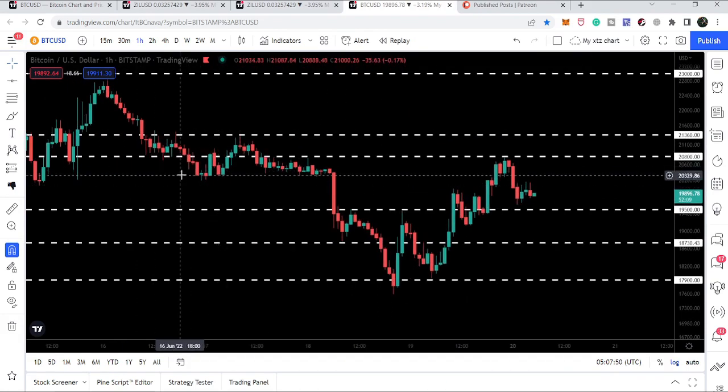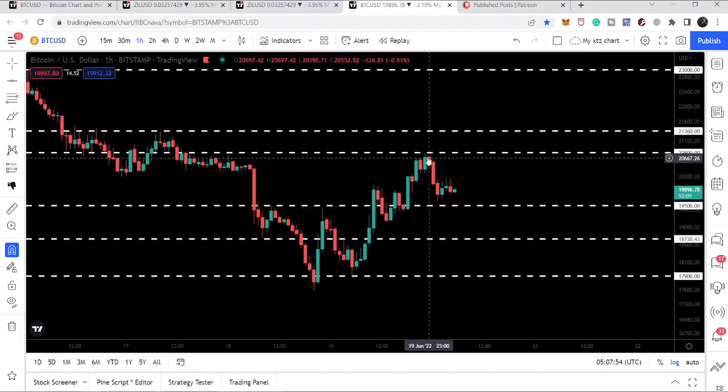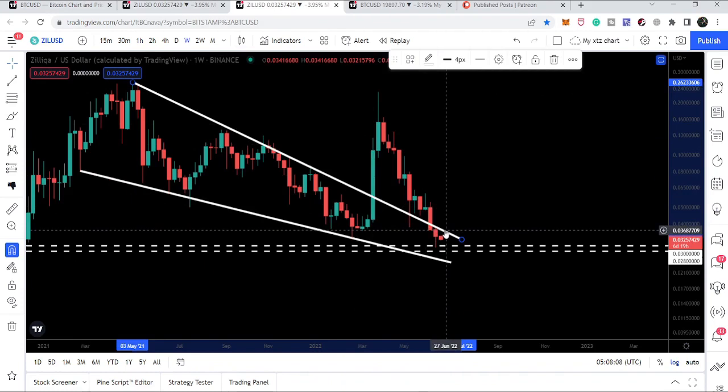It is getting rejected again and again by this resistance. Recently we had this rally, and you can see again it was rejected and dropped down to $19,500. If it breaks out this resistance, then there will be a very high probability that Zilliqa will also make another attempt to break out the resistance of the falling wedge pattern that we have at approximately 3.6 cents.